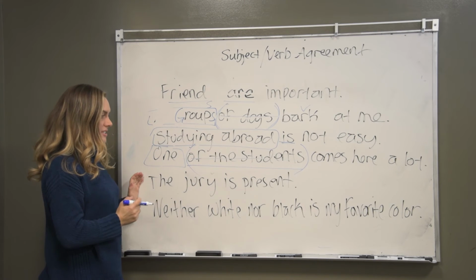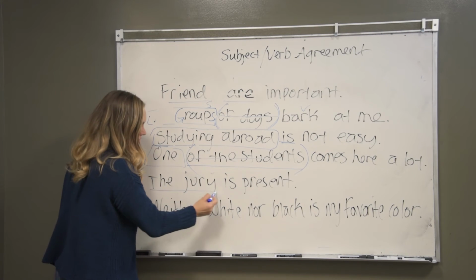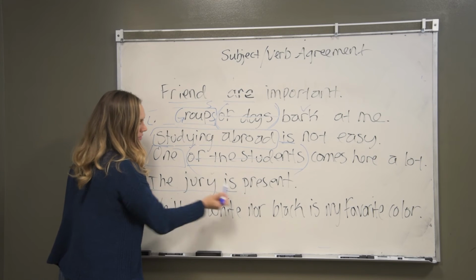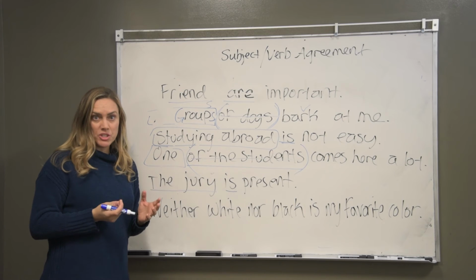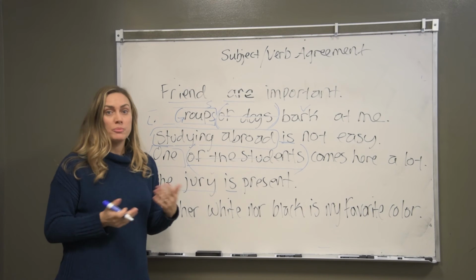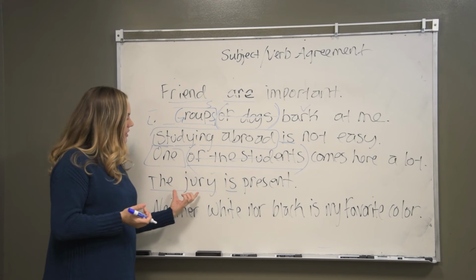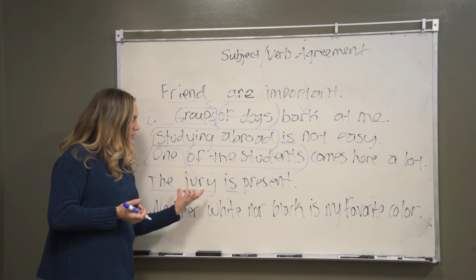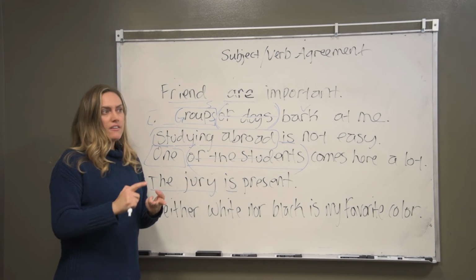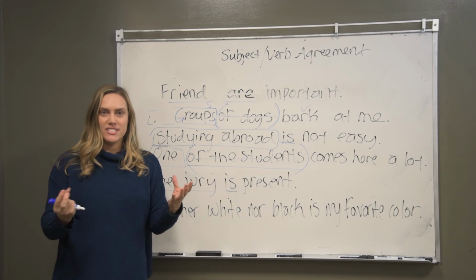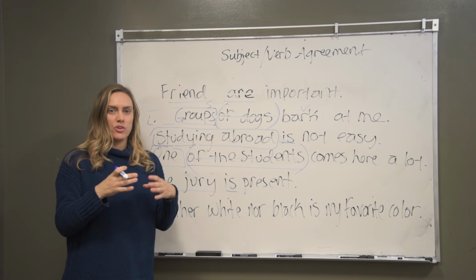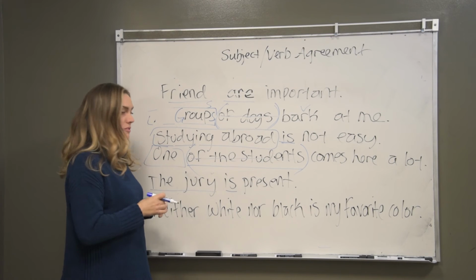The jury is present. Okay, the jury is the subject. The verb is. So in this case, sometimes, especially students who've learned British English, will use something like this: jury, family, committee. These are called collective nouns, so they represent a group of many people or things.